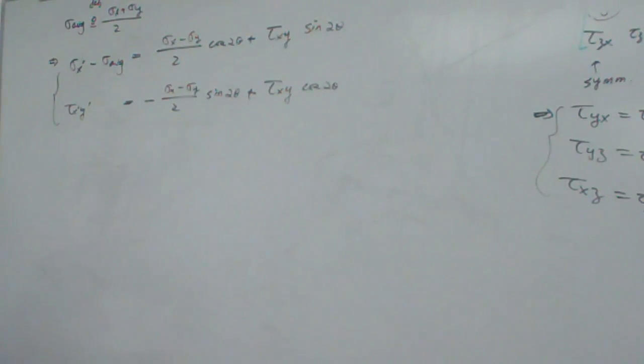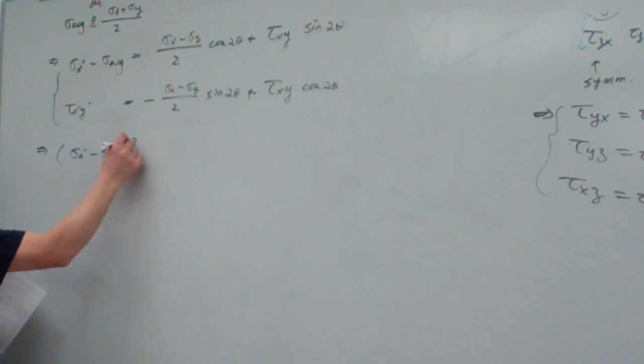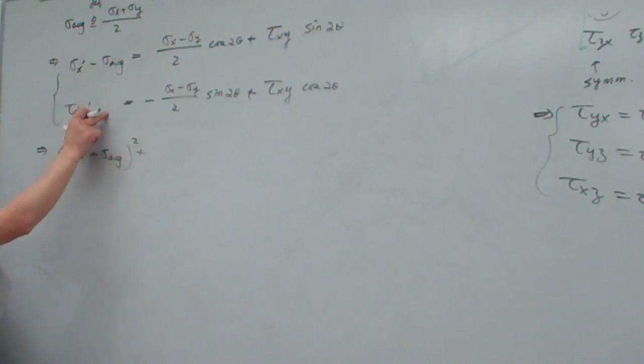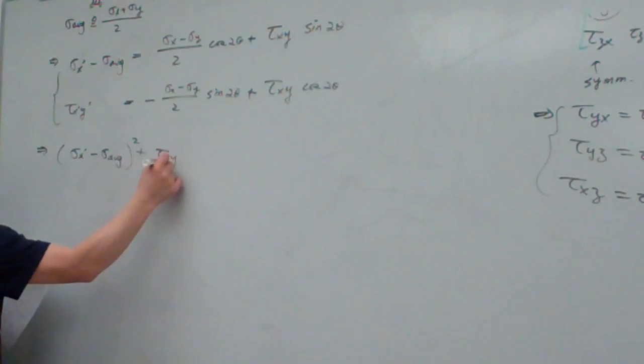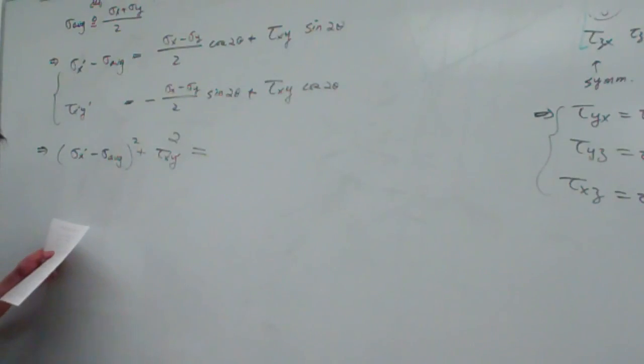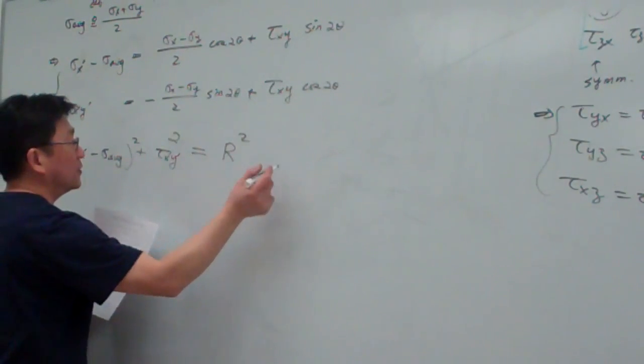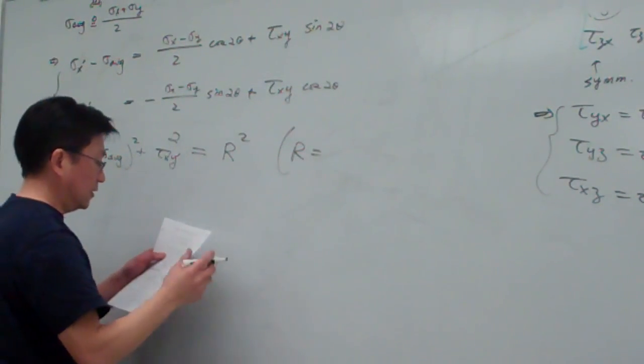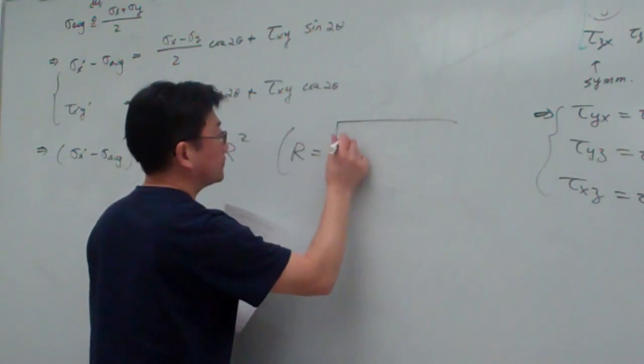So with the two equations, if we play around a little bit more, sigma x prime minus sigma average, we simply take the square of each term and take the summation. This one will be equal to r squared, where r is equal to the expression.